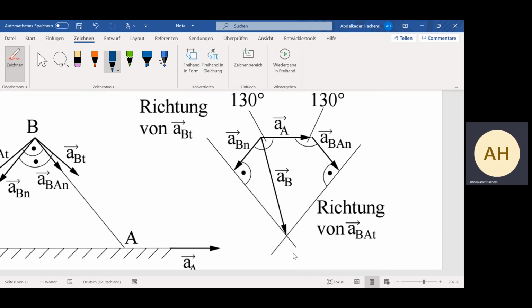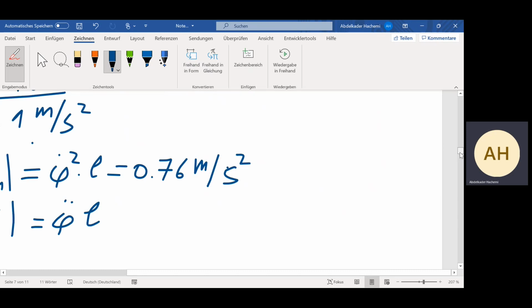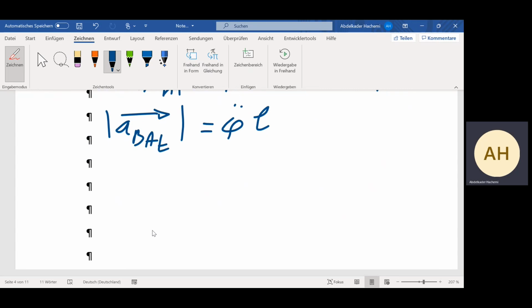Then the intersection gives the magnitude of EB. Then we can measure and read the value of ABT from this point to this point. Then we get all values only by reading.